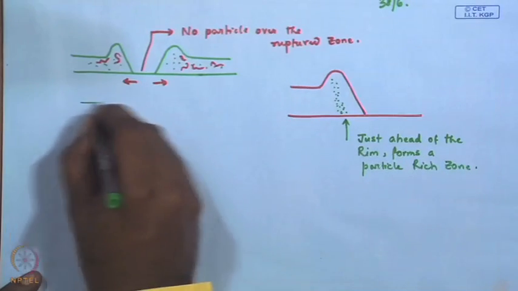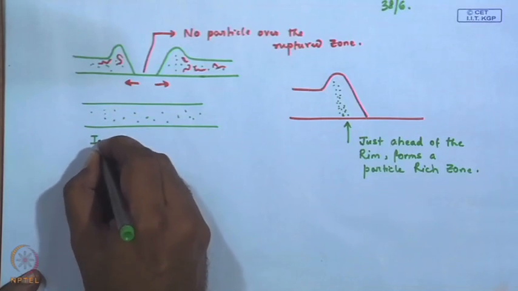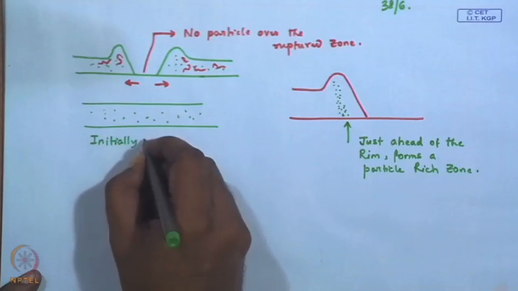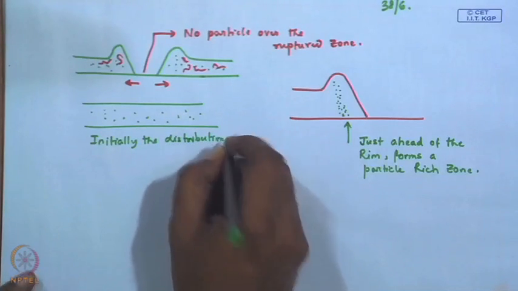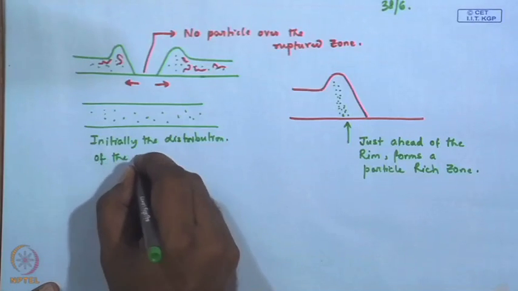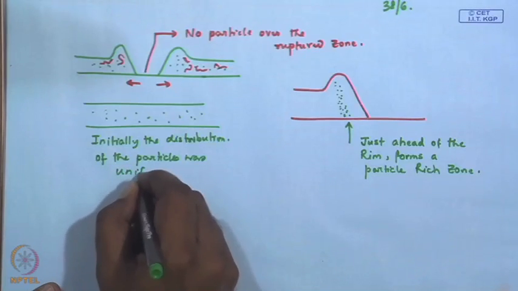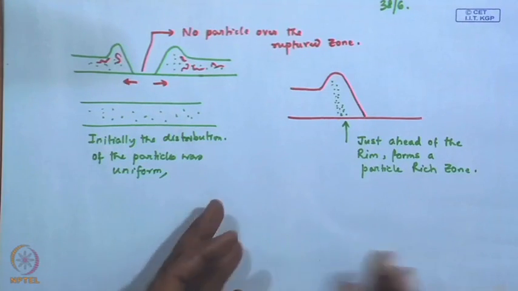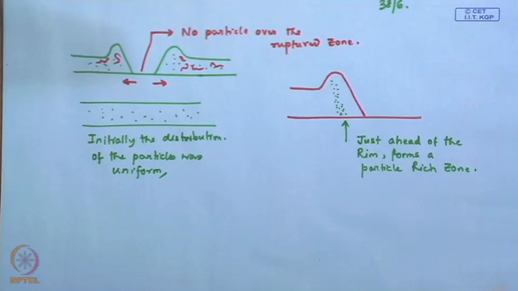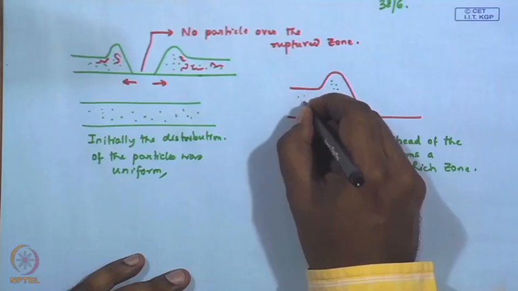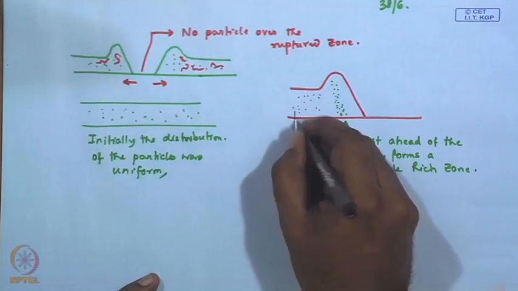So, though it is argued that initially the distribution of the particles was uniform, due to the bulk motion during opening of the hole, there is an in plane phase segregation of the particles. So, here the particle concentration remains unaltered as that of the initial film.